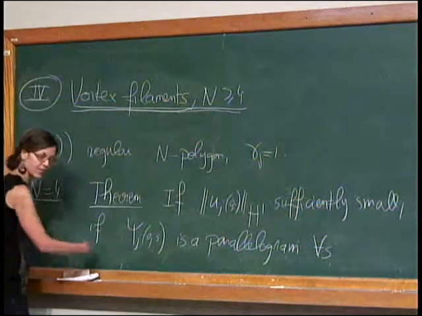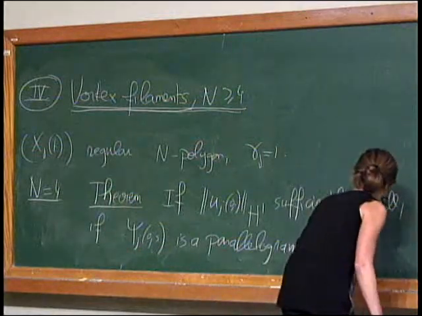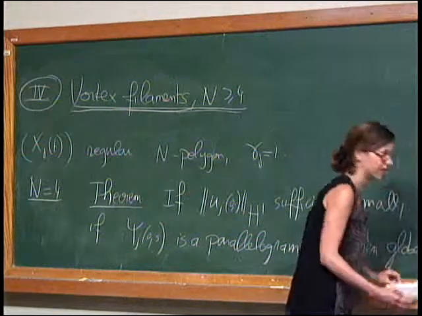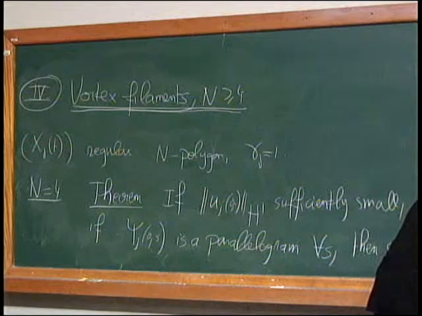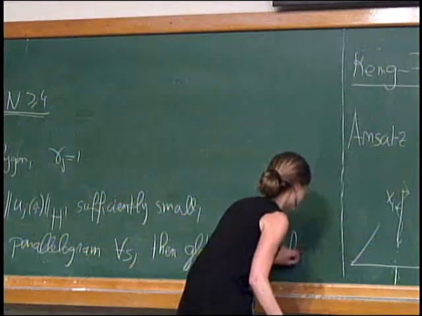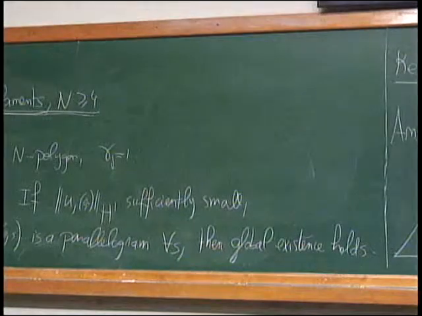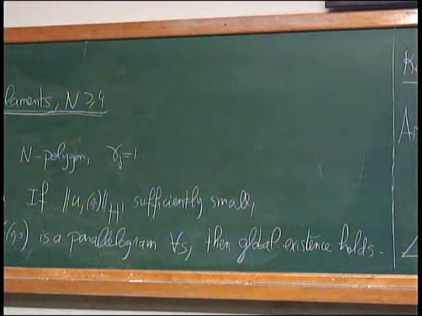So I really have some symmetry assumptions. Then we have global existence and uniqueness. And for all time, the configuration remains a parallelogram for all s, and there are no collisions.